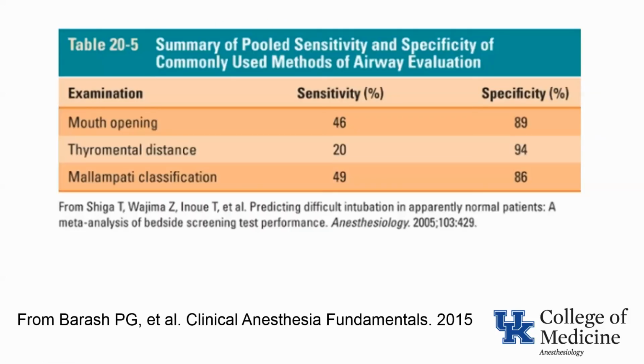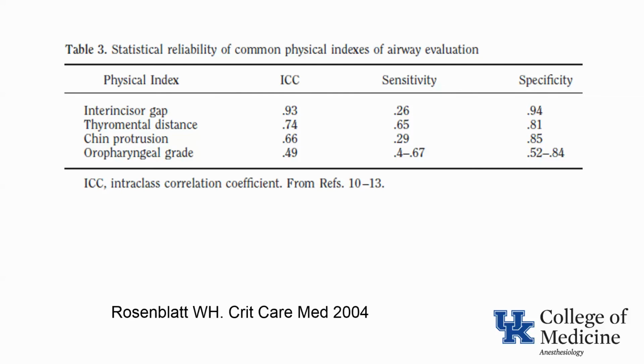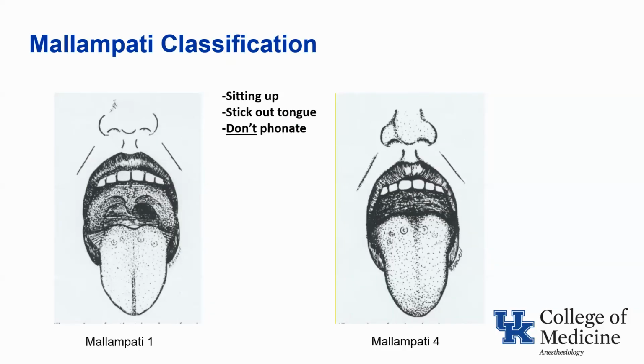These are some other assessments of the sensitivity and specificity of single parameters. And yet another review of the sensitivity and specificity of common physical indices of airway evaluation. One commonly used one is the Mallampati classification.